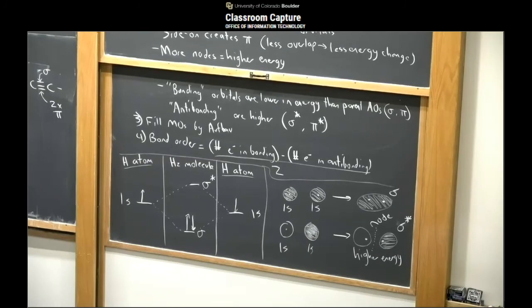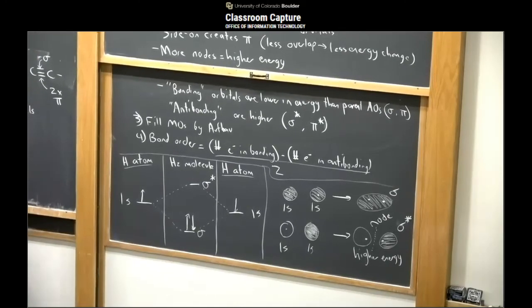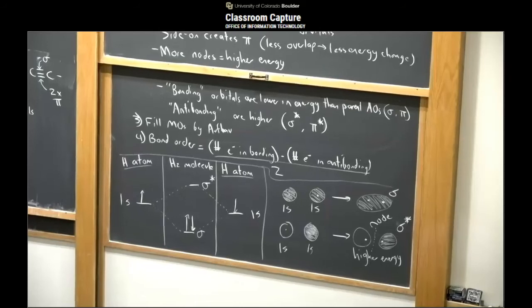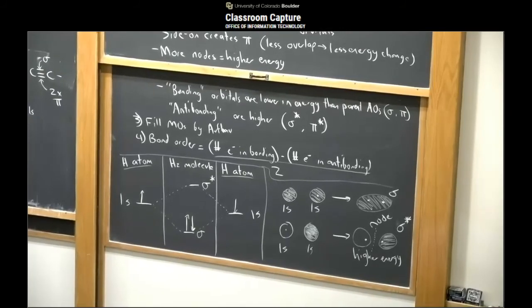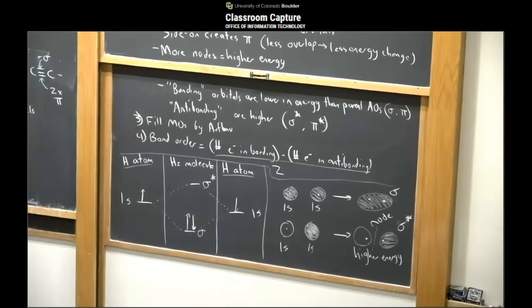Okay, so pi bonds are side-on overlap. And those are going to form between the leftover p orbitals that we didn't end up hybridizing together. So if we have, say, an sp2 carbon and an sp2 carbon here, both of them have this leftover p orbital that's sort of stuck above and below the plane.